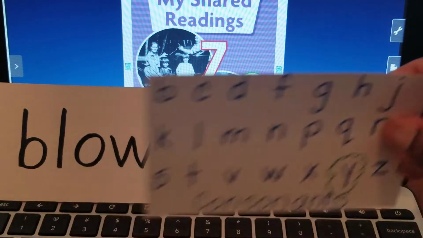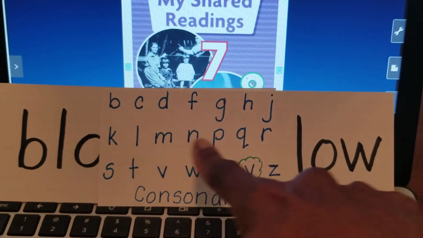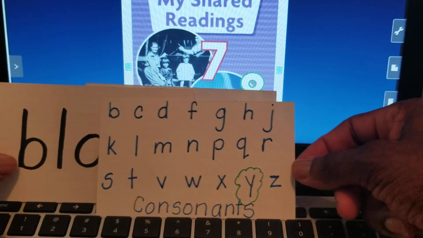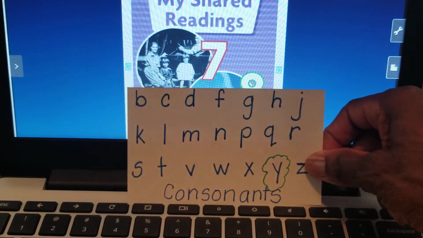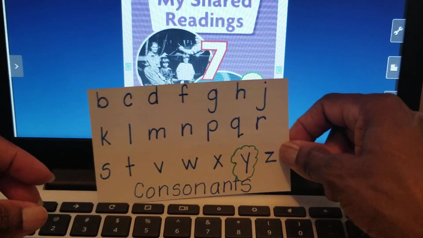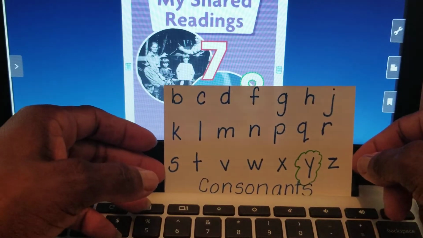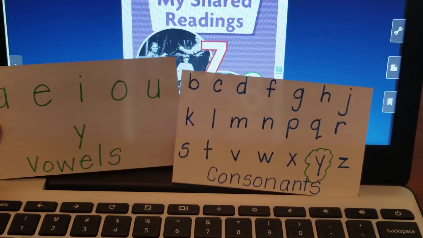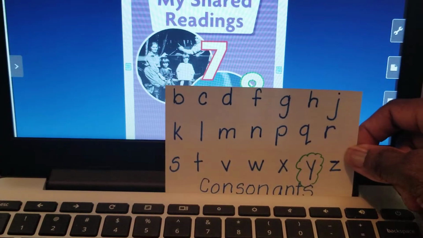So consonants are letters that are not vowels. So let's move these so you can see this. Consonants are any letters that are not vowels. So our vowels, we know our vowels are A, E, I, O, and U. Sometimes Y. Anything that's not a vowel is a consonant.